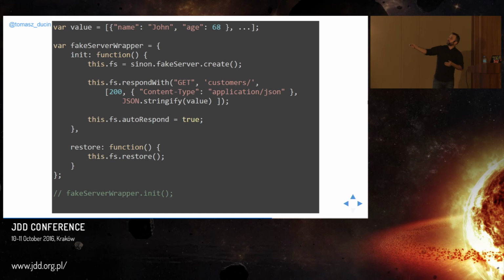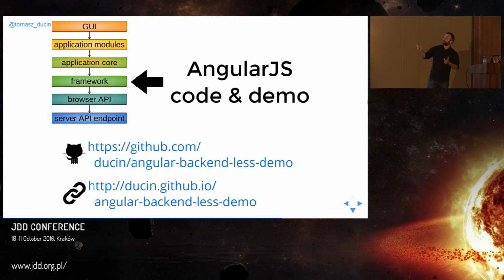So we create the server and we tell it to respond to GET customers with 200, content type application/JSON, and we want to stringify the value from here. So basically, we are using JavaScript scopes to access the data, right? Okay, so this was Sinon.